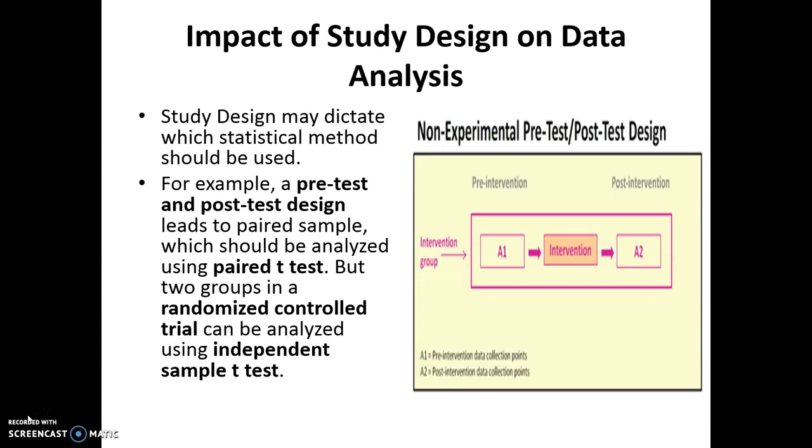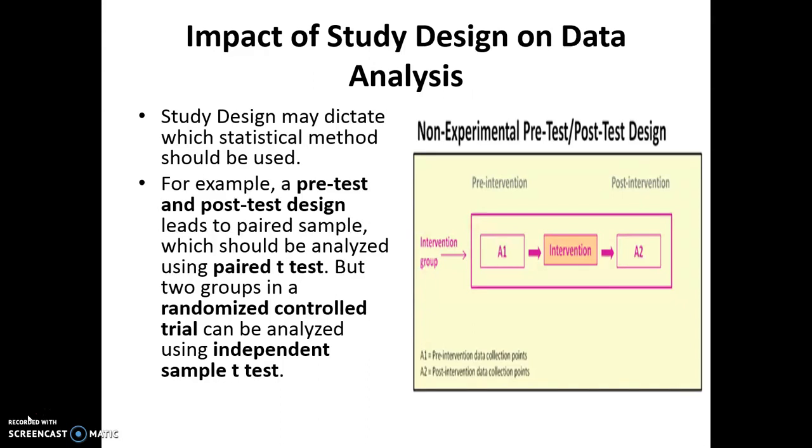One important point I want to make is the impact of study design on data analysis. Basically, the study design may dictate which statistical method should be used. For example, a pre-test and post-test design leads to a paired sample. For example, you measure a person's blood pressure before and after they take a blood pressure lowering drug.